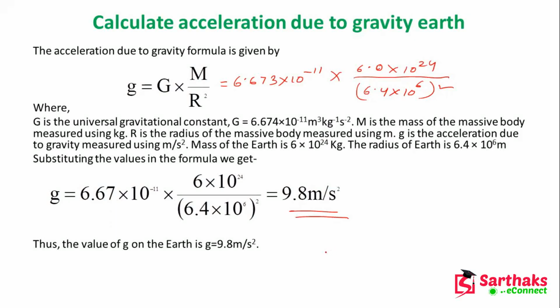That's why it is 9.8 meter per second square. In so many chapters we have used g equals to 9.8 meter per second square. If you remember the chapter of motion, we used some object falling towards the earth, or some object going vertically upward. At that time we used the g value, 9.8 meter per second square. Why? That has been explained here.